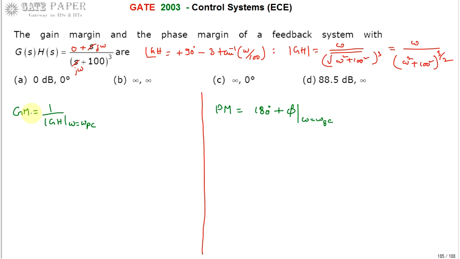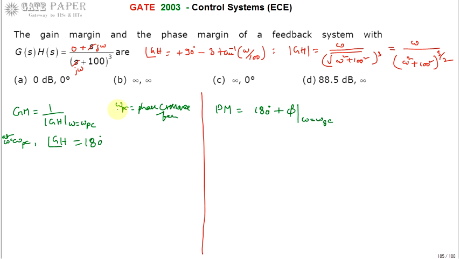So first of all we will go for the gain margin. At omega equal to omega PC, phase crossover frequency, angle of GH is equal to 180 degrees.